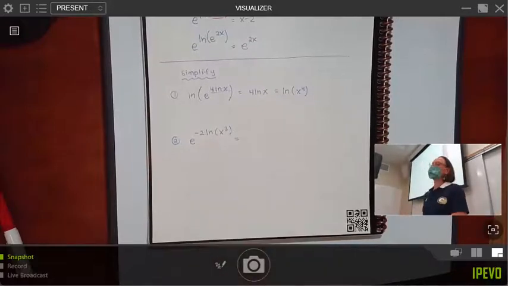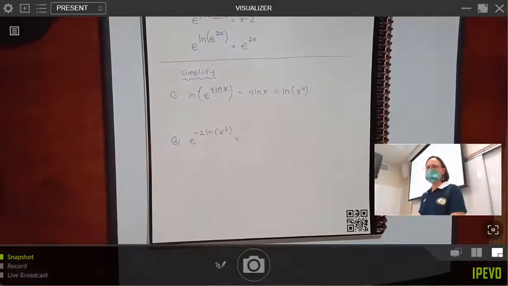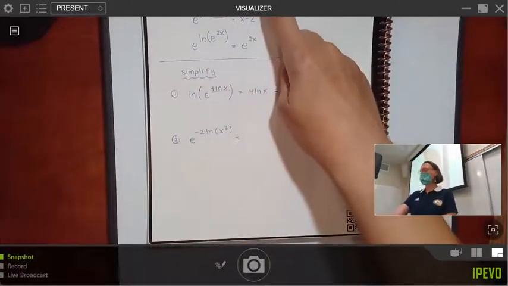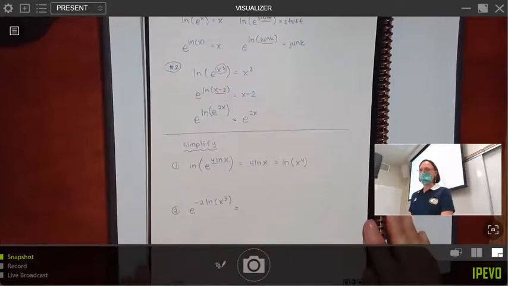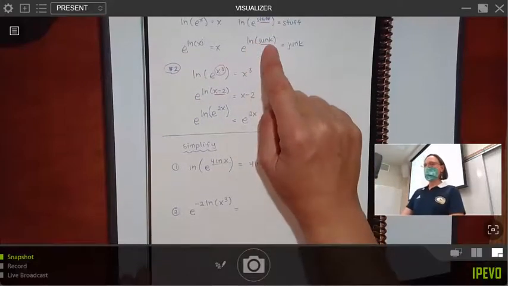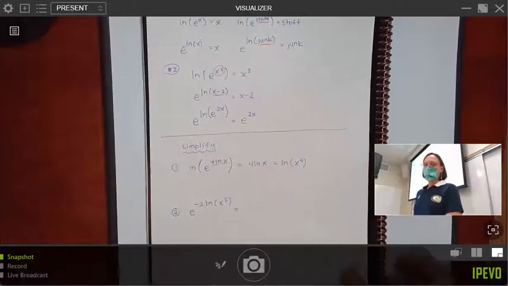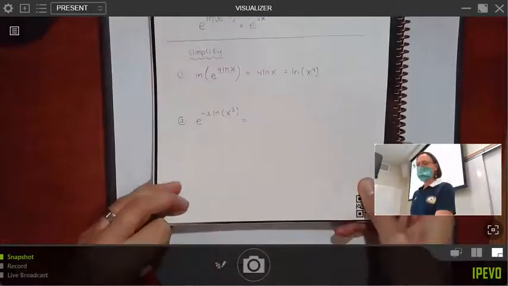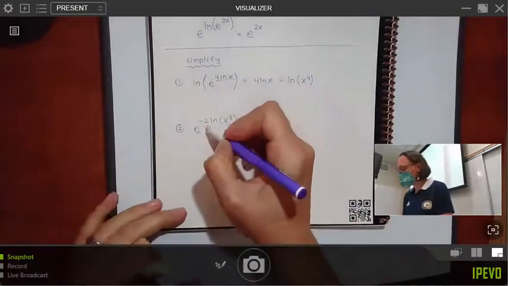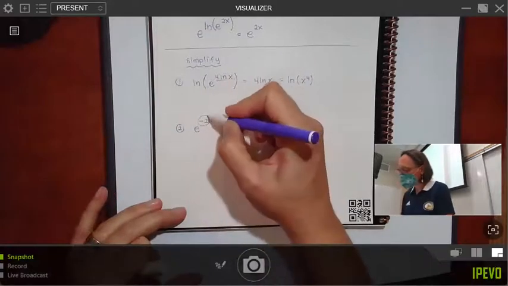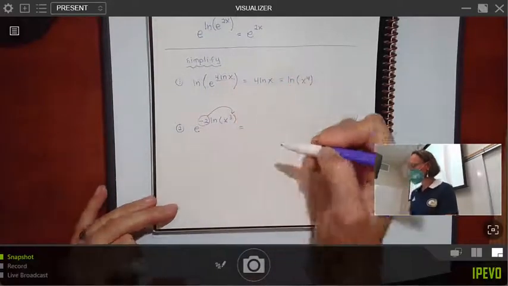This second one is a little bit trickier because it doesn't perfectly fit in with the e to the ln of some junk. I threw us off by putting that -2 in front. So before we can apply that inverse property, we actually have to take that -2 and stick it back in as an exponent.